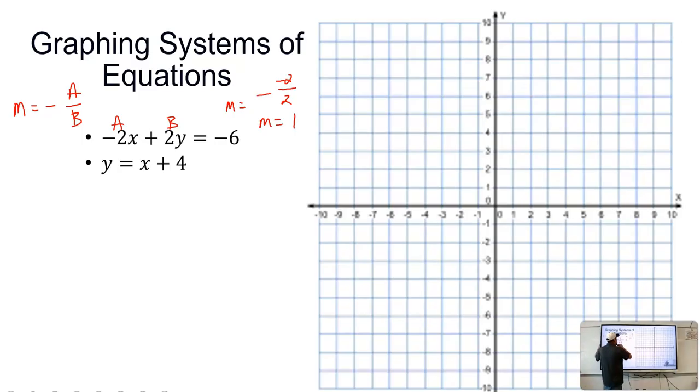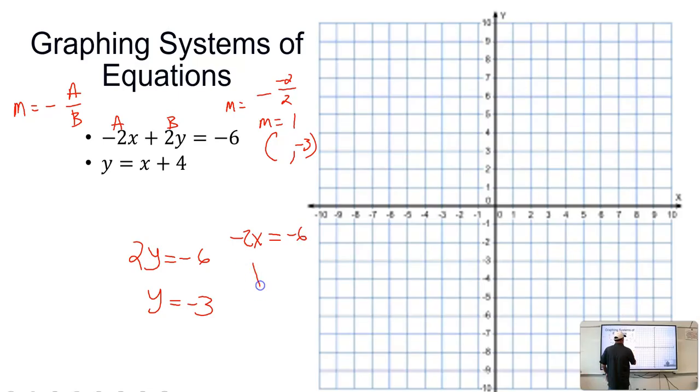And then to find my coordinate, remember we're going to use the cover-up method. So if I cover up the -2x up here, I would end up with, let's show my work down here, 2y equals -6, which means y equals -3. So y is -3. And for the x, I cover up the 2y, and I end up with -2x equals -6, which means x equals 3.